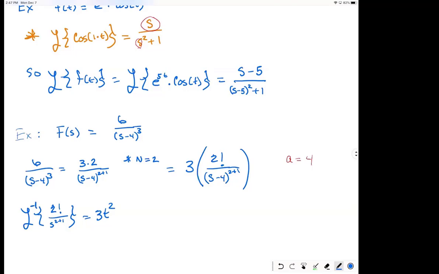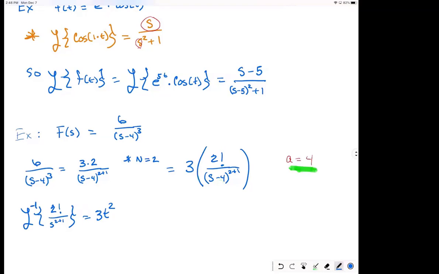So that's just the reverse transform, and that's number 2 on your chart that you have. And then, of course, being multiplied by this 3 that's out front, so that's why this 3 is there. But we also have this minus 4 business, this a, to deal with.